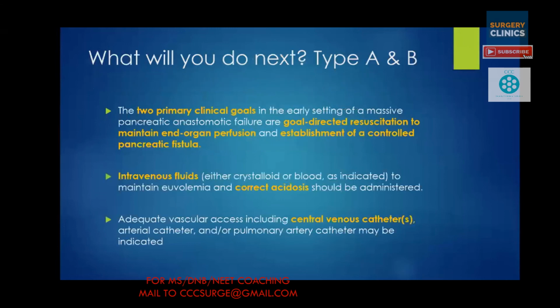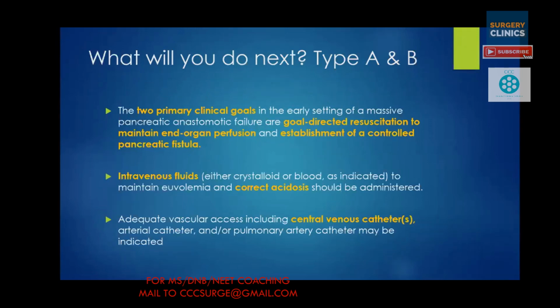So for example, type A, type B fistula. The two primary clinical goals over here in the early settling of a massive pancreatic anastomotic failure are goal-directed resuscitation and maintaining end organ perfusion, and establishment of controlled pancreatic fistula. So your answer should be, sir, in type A and type B fistula, I'm going to do goal-directed resuscitation and maintain end organ perfusion and establishment of a controlled pancreatic fistula.